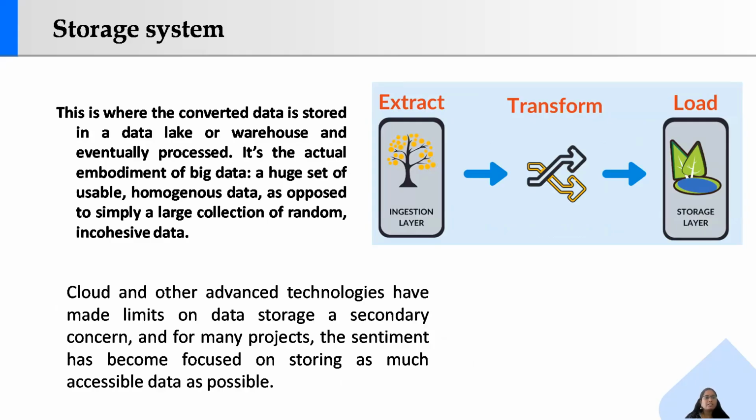The converted data is stored in a data lake or maybe a warehouse for further processing steps. It is the actual embodiment of big data because we are handling a huge set of data. The data is made homogeneous to simplify the large collection of random and inconclusive data.